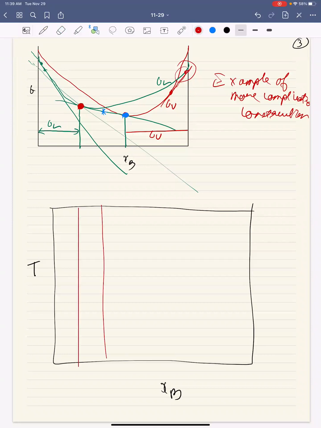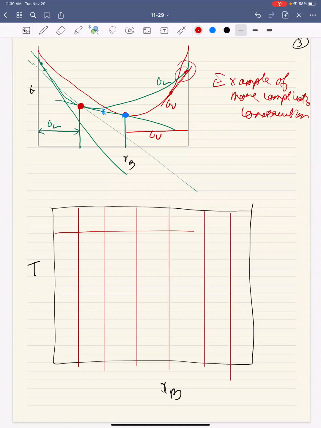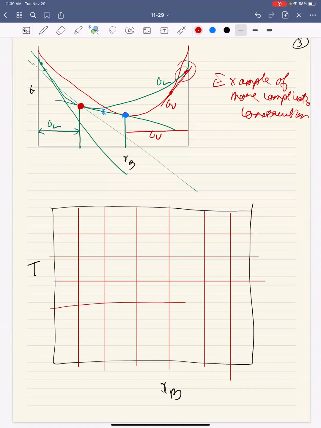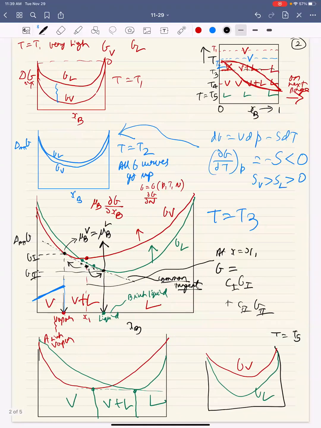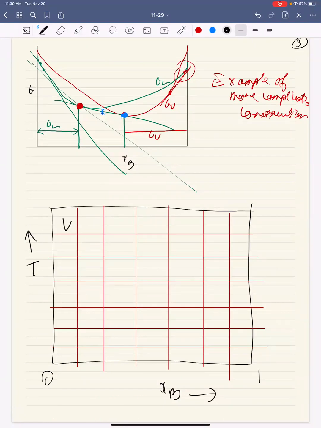Let me draw grids over here. This is as temperature goes up, and this is XB going from 0 to 1. At very, very high temperature, we look at a particular row. Everything is going to be vapor, right? It's very high temperature. GV is lower than GL. At very, very low temperature, everything is going to be liquid.